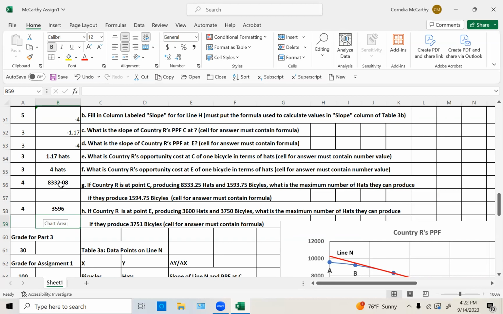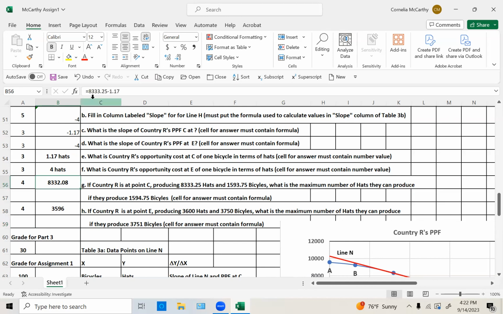30,596. And again, in both cases, we got the numbers from the table about what were the coordinates, how many hats and bicycles were we producing at C, how many hats and bicycles were we producing at E, and then the change is one bicycle, and that's by definition the opportunity cost. If I increase the production by 1, then I'm going to have to reduce the hats by the opportunity cost, and that's where we get the numbers.